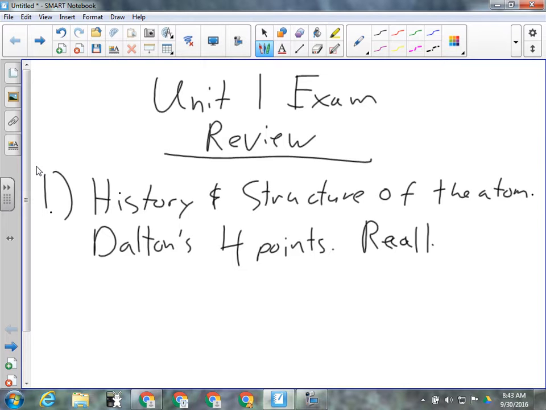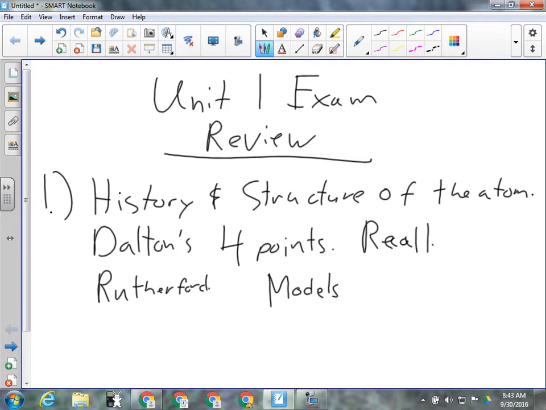The other really important person would be Rutherford, because he's the one who proved the nuclear model of the atom, and that's obviously pretty important. I would also know the models well enough to recognize a picture of one.